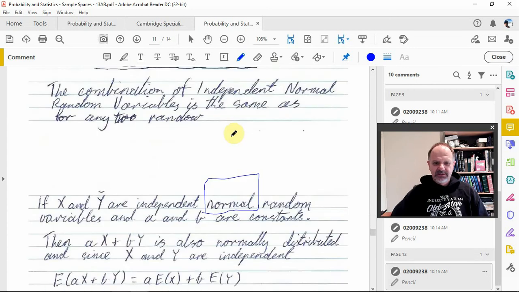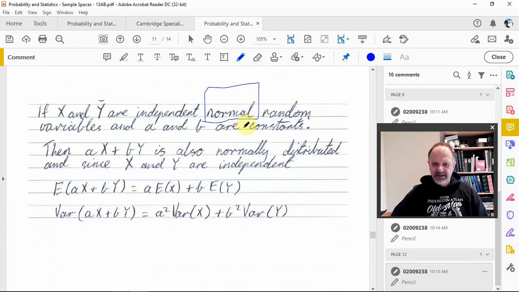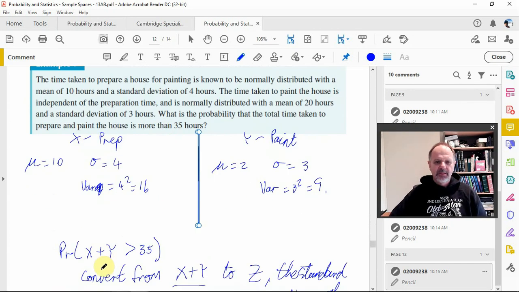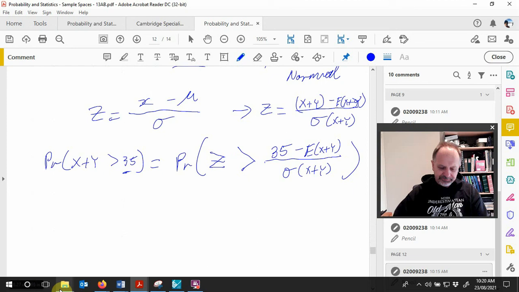All right, because it's the same equations that link, even though it's the normal random, it's still a random variable. So the expectation values and the variances of two independent things are still related in the same way. So let's have a look.